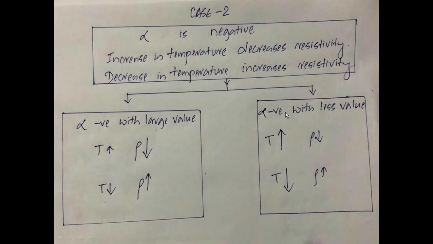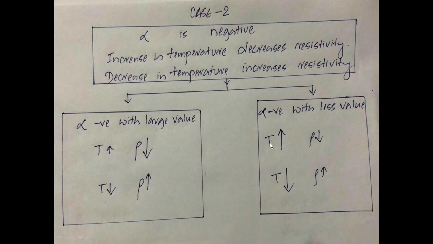Similarly, in case 2, when alpha is negative, an increase in temperature decreases resistivity, or a decrease in temperature increases resistivity. Again we have two cases here, alpha negative with large value and alpha negative with less value. When alpha is negative with large value, an increase in temperature results in a relatively large decrease in the value of resistivity for the material, and vice versa.